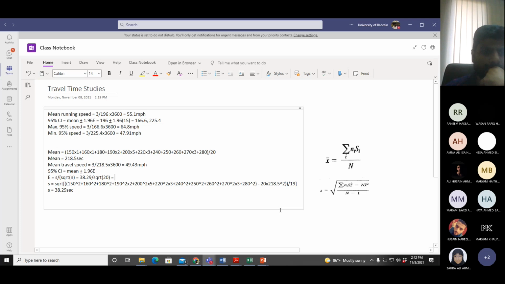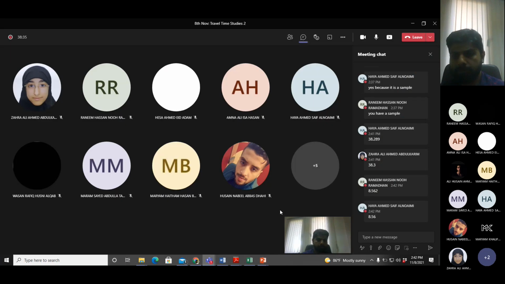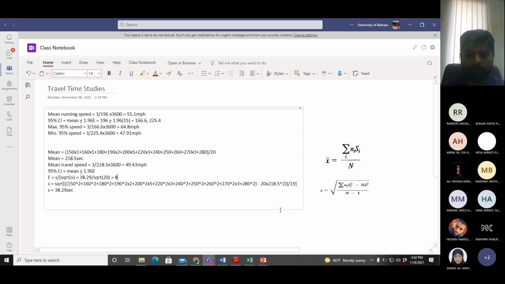The e value? 8.56. Then you can calculate the 95% confidence interval, which is mean 218.5 plus minus 1.96 into 8.5.